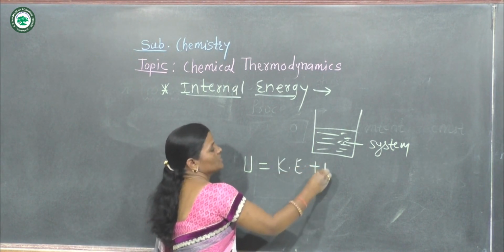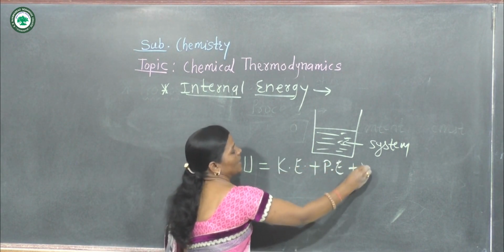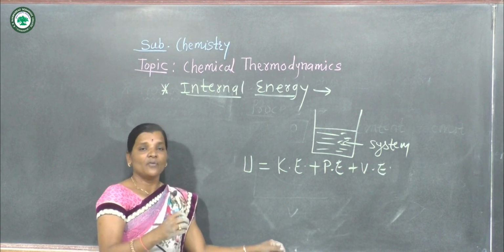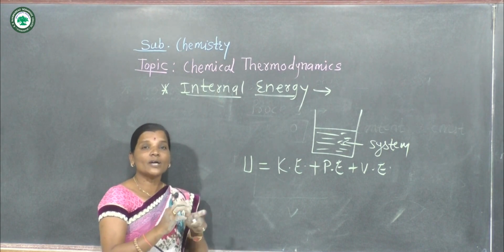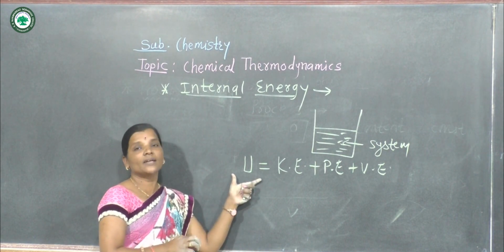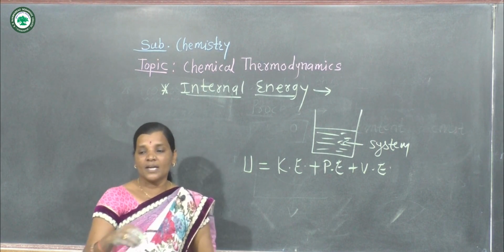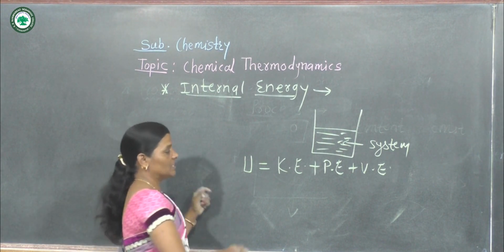So if we add kinetic, potential, vibrational, rotational and electronic energy, we obtain the internal energy of the system.